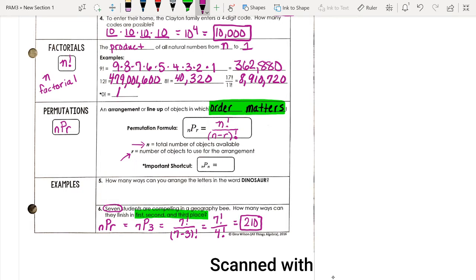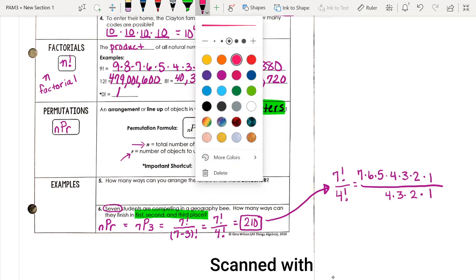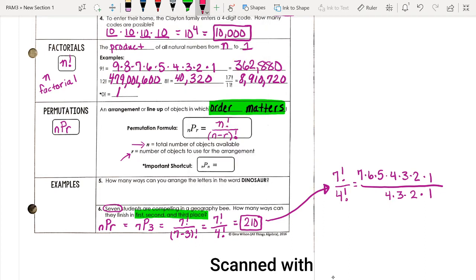All right, I want to show you a little side note for this over here. If you have 7 factorial over 4 factorial, I'm going to write this out. This means 7 times 6 times 5 times 4, etc., all the way down to 1. The denominator is 4 factorial. That means 4 times 3 times 2 times 1. Now, if you notice, we have multiplication between all those digits, which means we're allowed to cancel things, right?